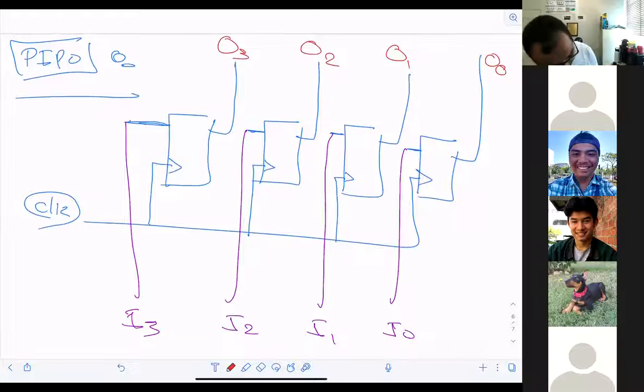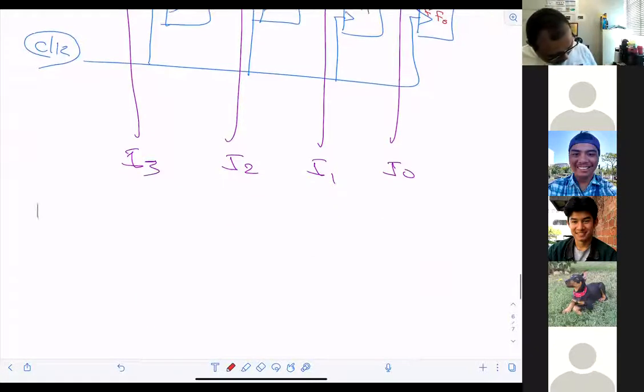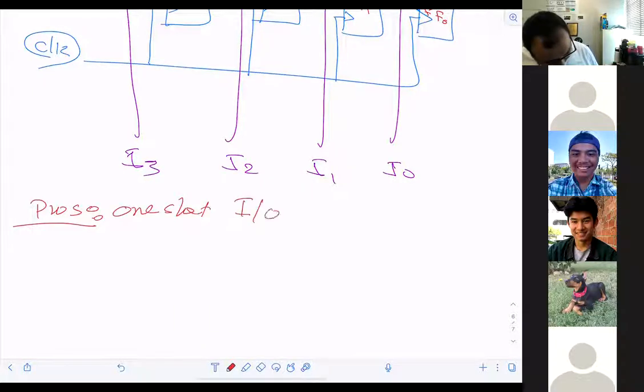Make sense? D, Q. And then you know they're gonna be flip-flop 3, flip-flop 2, flip-flop 1. So one shot input, one shot output, right? Pros: one shot input and output.